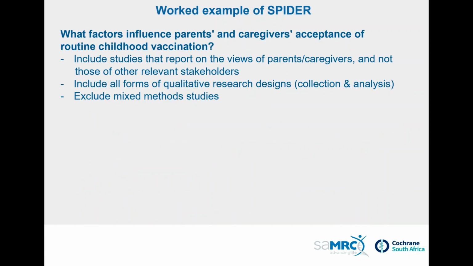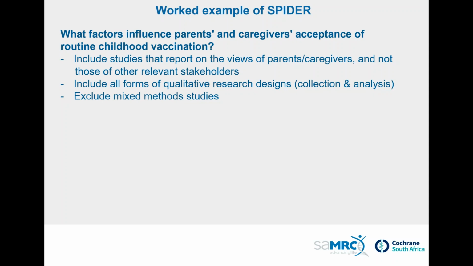So let's try a worked example of SPIDER. And again, I'm going to give you the research question and see if we can figure out what the different components are. For this review, which is actually one that I'm currently working on, the research question is: what factors influence parents and caregivers' acceptance of routine childhood vaccination?